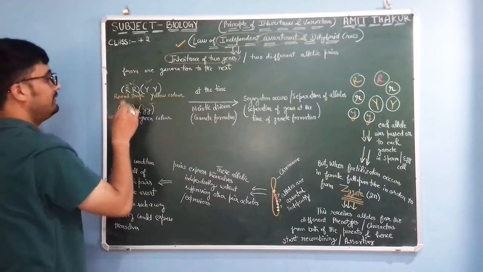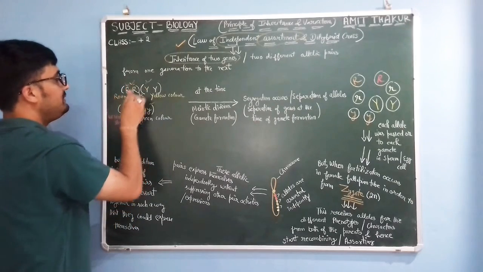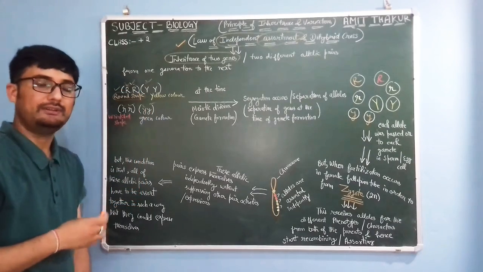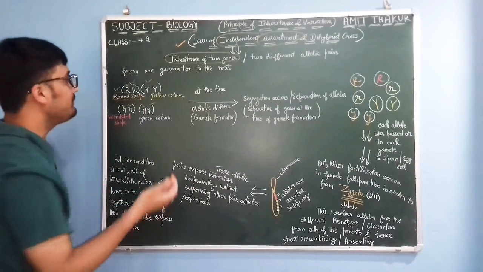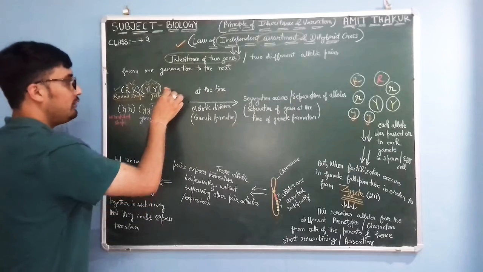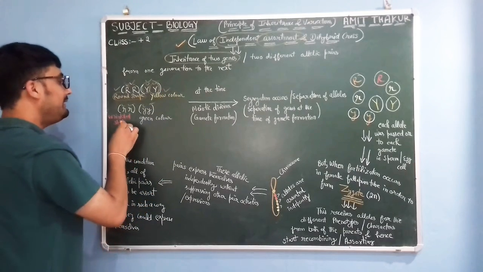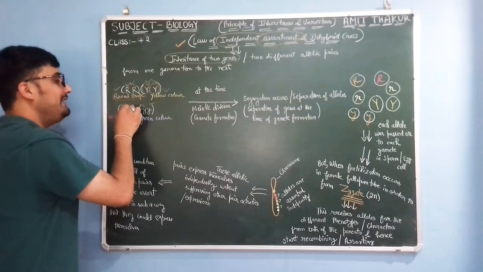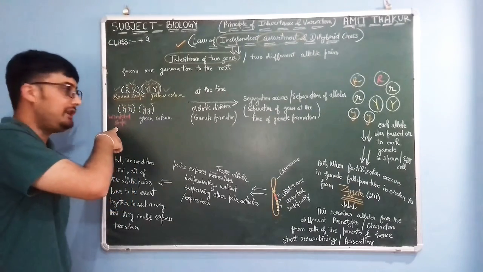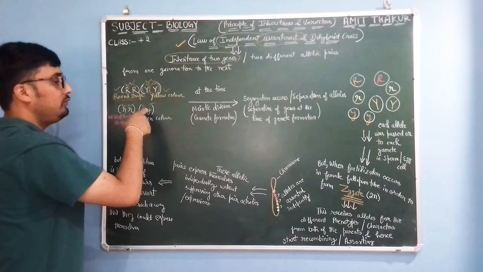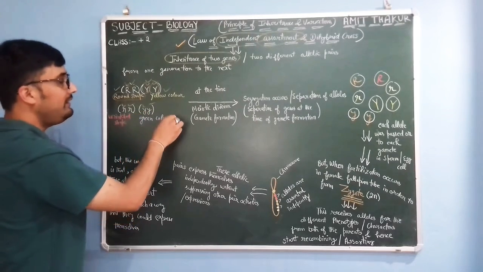RR means both of these dominant genes are responsible for the round shape of the pea seed. These 2 dominant Y genes are responsible for the yellow color. Small r, recessive, both of these recessive r genes are responsible for wrinkled shape. And small y, these 2 recessive genes are responsible for green color.